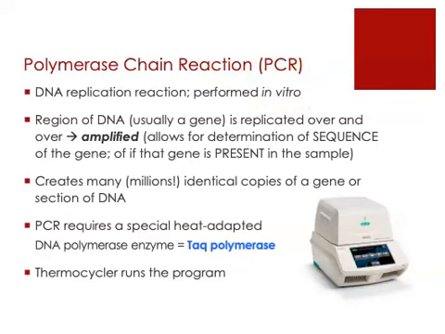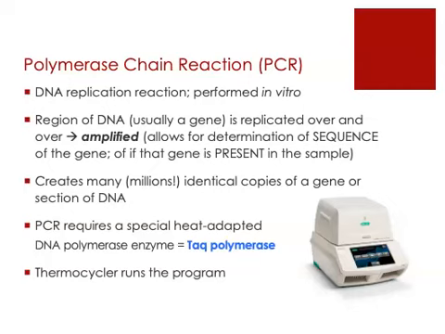What happens in PCR is we have a piece of DNA, a region of DNA that we're interested in. It's usually a gene. And we use PCR to replicate that gene over and over again.